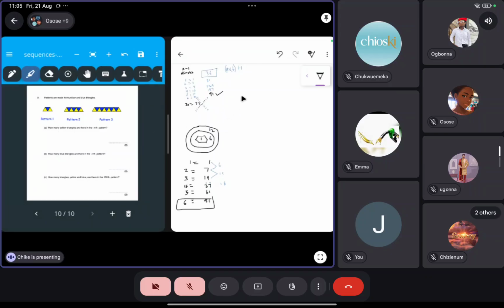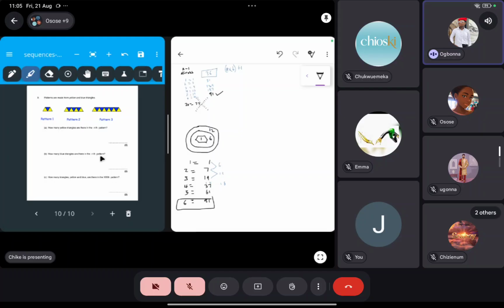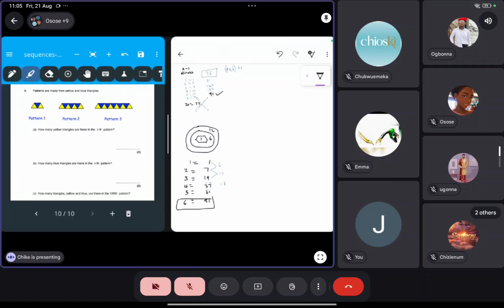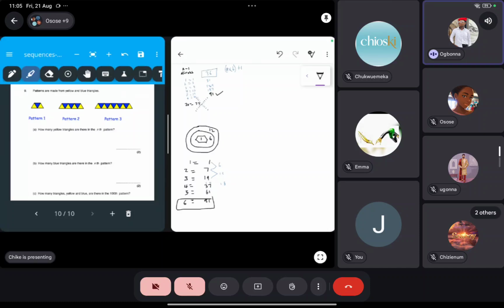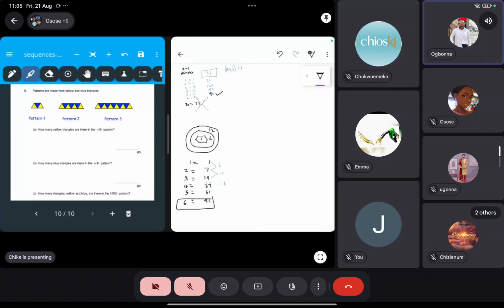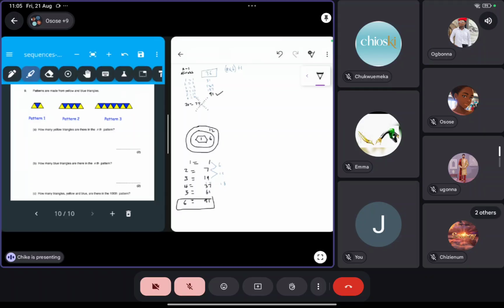So in the next class, we start. So this one is doing in multiples of 2, like 2, 4, 6, 8. Are you sure? For the yellow. Okay, for the yellow. So how many yellow triangles are in the nth pattern?